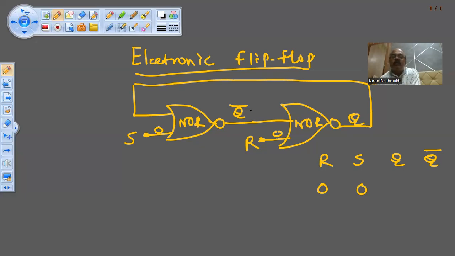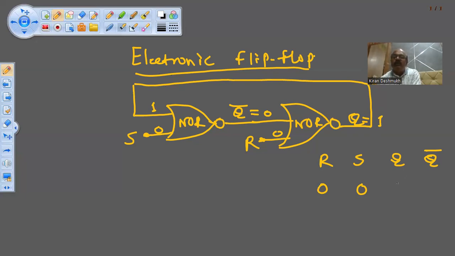If Q bar is 0, then both the inputs will be 0, then the output Q will be 1, NOR gate. So this 1 will be here, and therefore this output will be 0. So it all depends upon the condition of Q and Q bar.